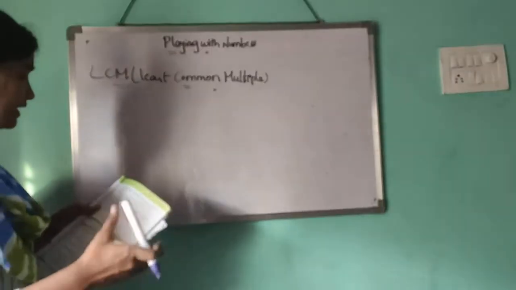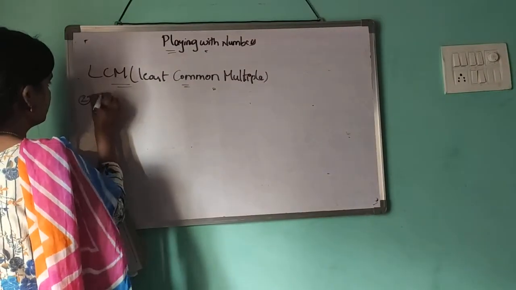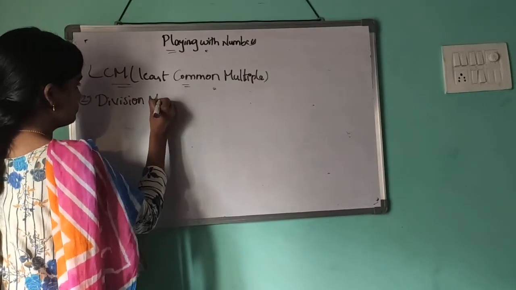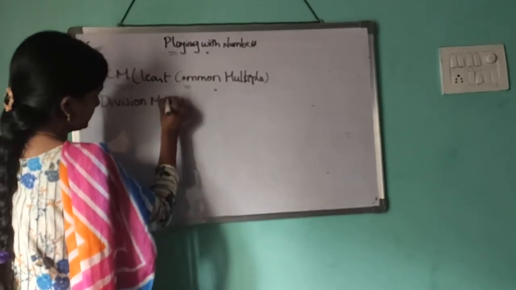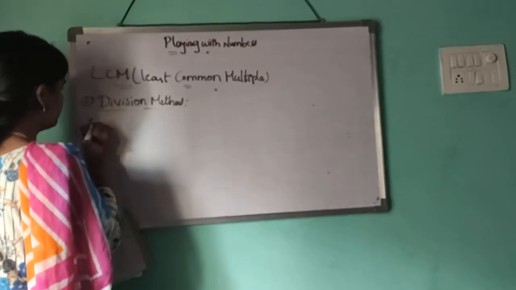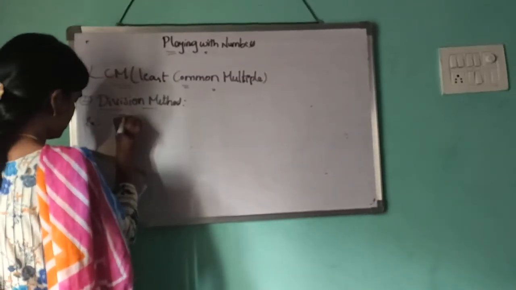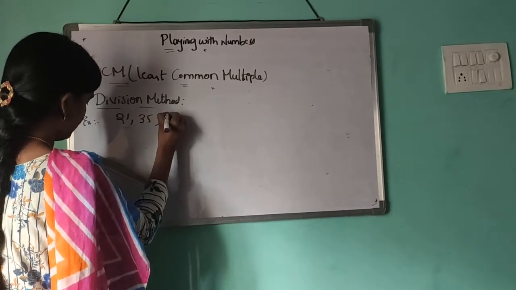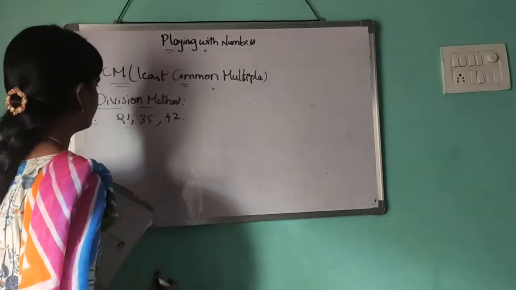Let us see the second method, the division method. Here I am taking the example 21, 35, 42.